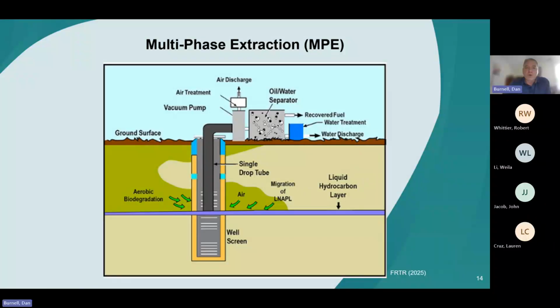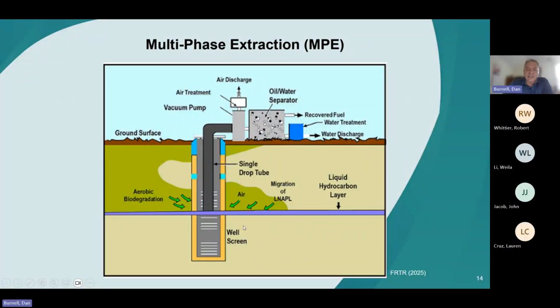And so for multi-phase extraction, the idea here is that we may have, for example, LNAPL, maybe some diesel fuel or gasoline that migrated and is floating on the water table. And so we have a layer of hydrocarbon there. And so multi-phase extraction can be used to deal with the fact that some of these contaminants will volatilize into the unsaturated zone, for example, above the hydrocarbon, and some will dissolve into the groundwater and form a plume.